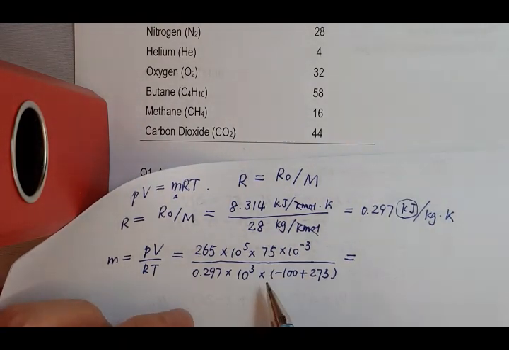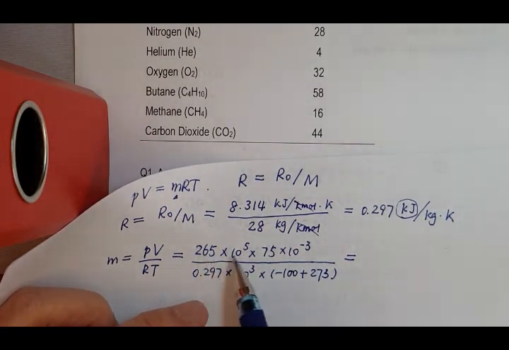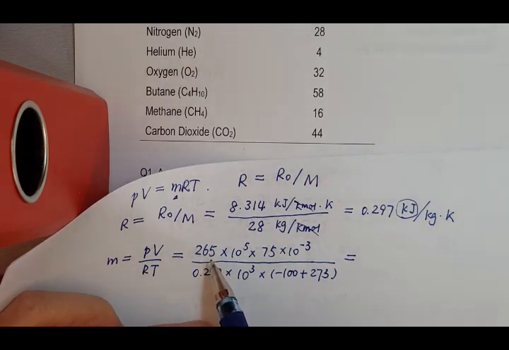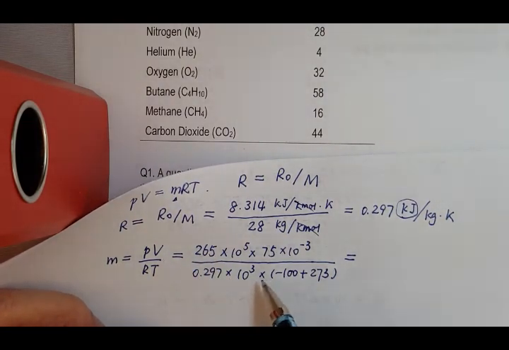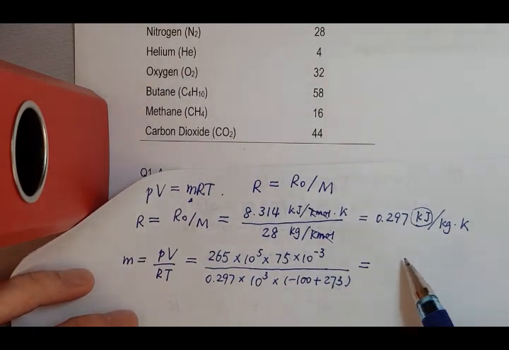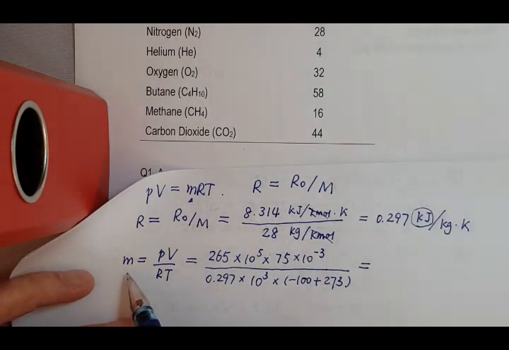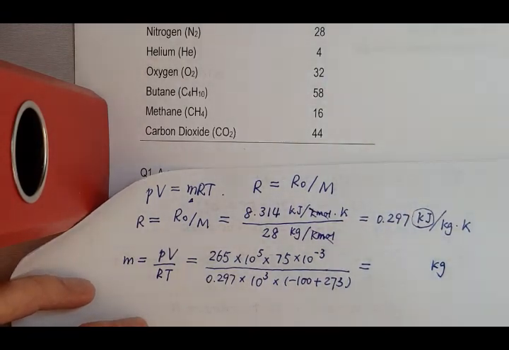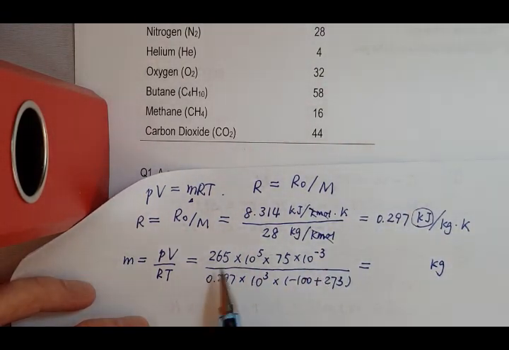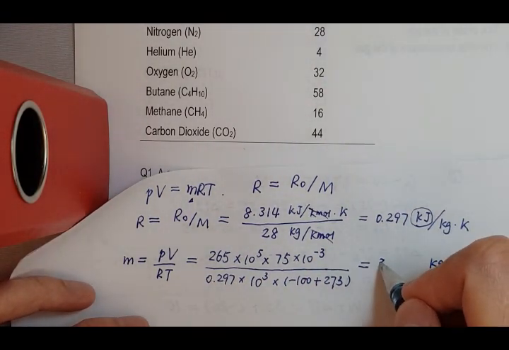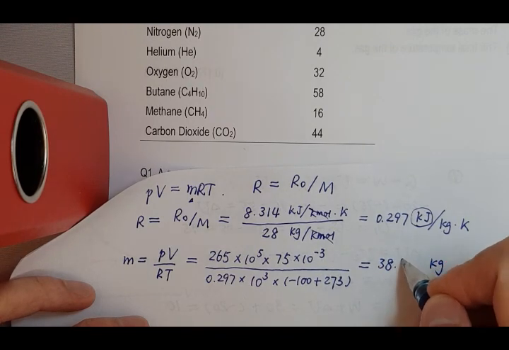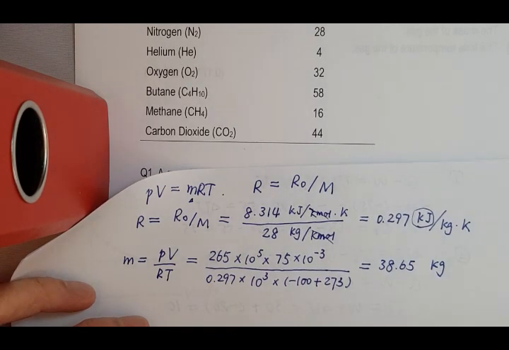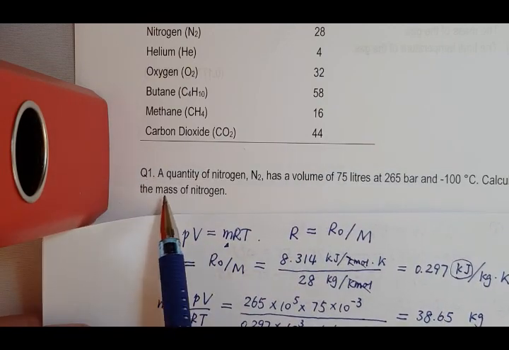This is the equation we're going to use, and all these variables have been converted to SI based units, so if we get the result here, it must be in SI unit as well, which for the mass would be kilogram. If we calculate this, we will get 38.65 kilogram. So that's basically the mass of the nitrogen.